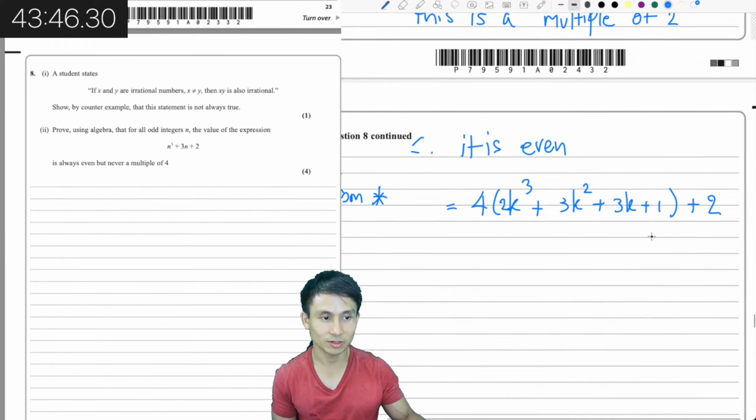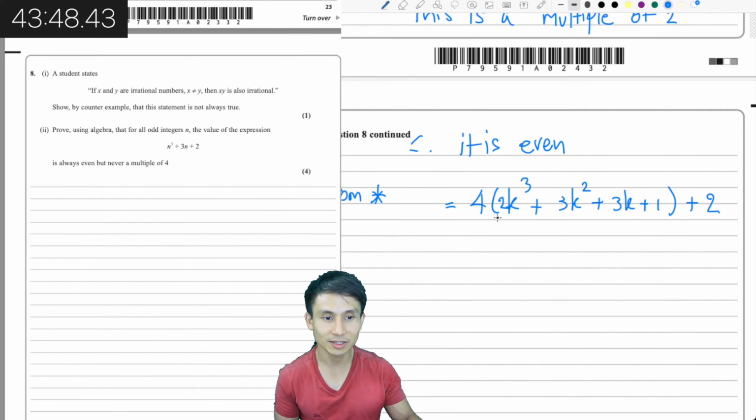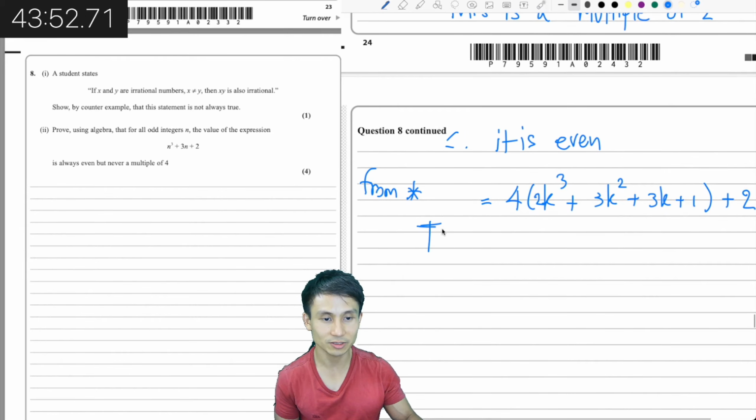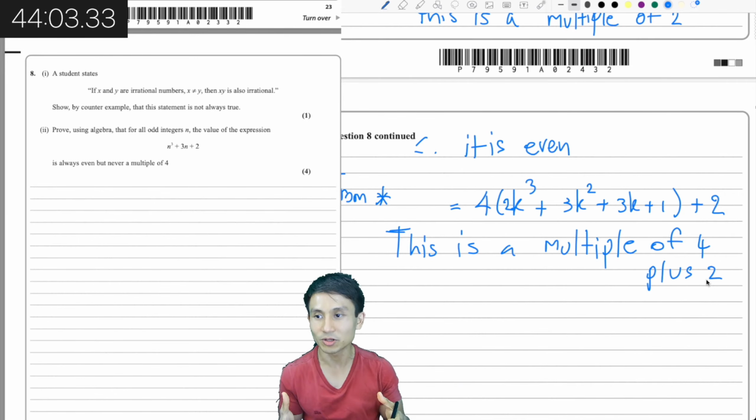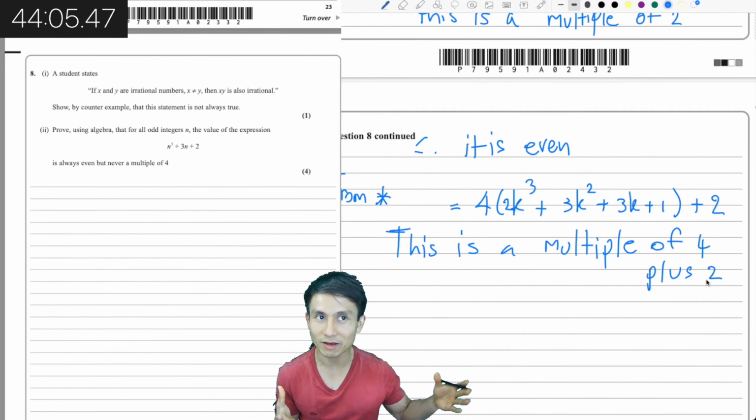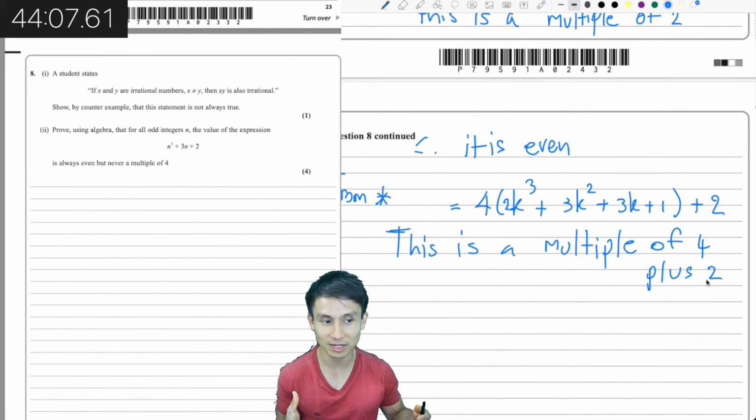Right, so you can see that this is a multiple of 4 plus 2. It's almost a multiple of 4, but not quite, because you have a plus 2 as a remainder, so to speak. So that's not quite a multiple of 4.